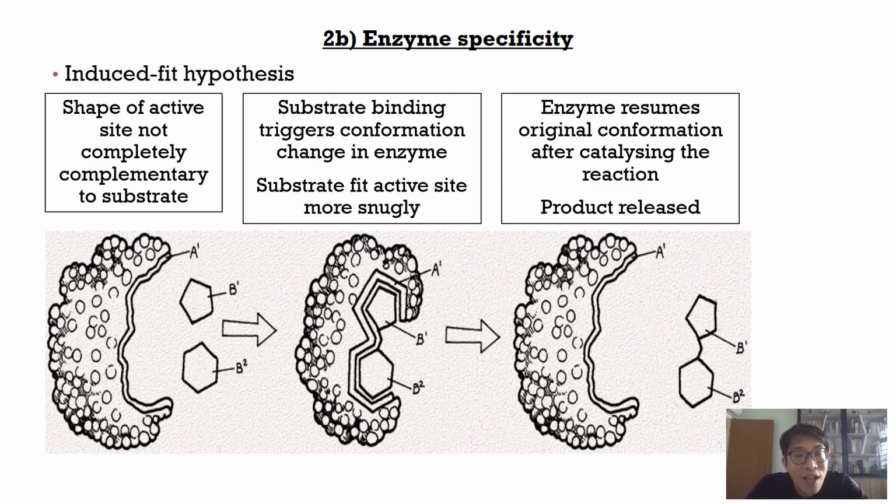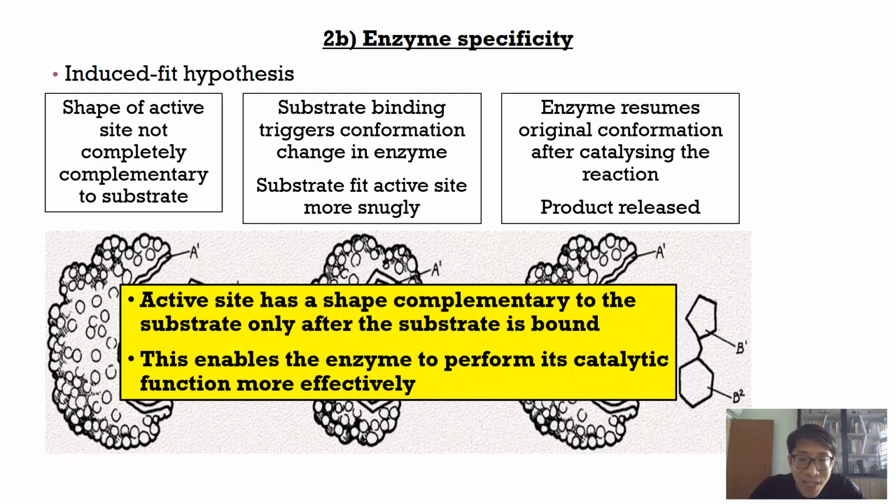So this hypothesis is not contradictory to the lock and key hypothesis. It still explains how enzyme is specific to its substrate. It's just that the complete complementary shape is only achieved after the substrate has bound to the active site of the enzyme.